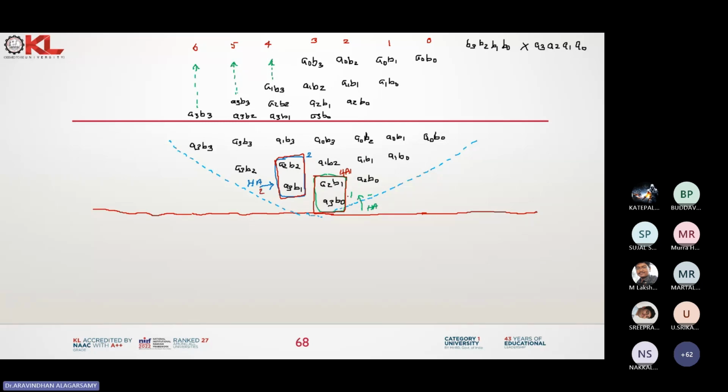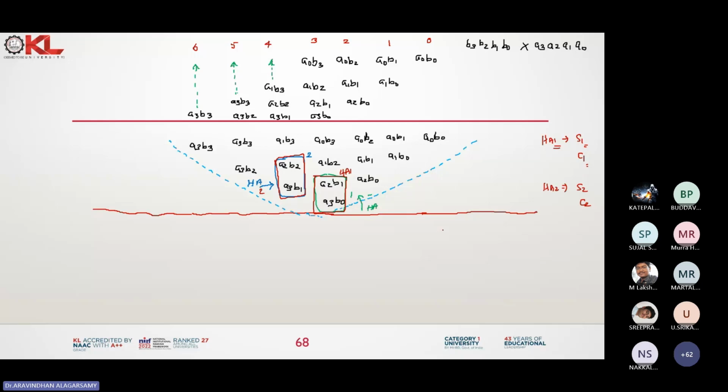This half adder 1 block will have sum 1, carry 1. Why am I writing 1, 1? In the sense, half adder block 1, I'm writing sum 1, carry 1. There is no other meaning behind that. Is it clear? Yes, sir. It will produce sum 1, carry 1. Same way, half adder 2 block will produce sum 2, carry 2.